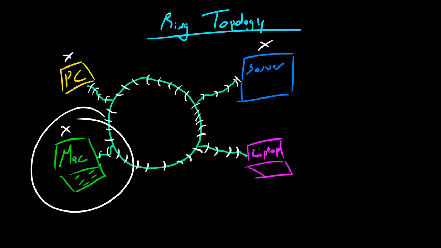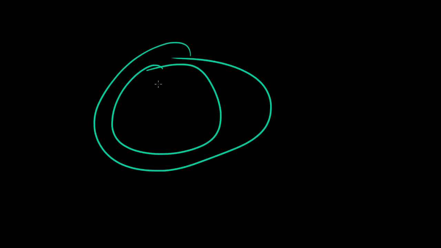Now, even though this is typically the way it works, the way they are actually built is, let me just draw this real quick. You actually have two rings. I can draw that a little better. One right here and another one right beside it. And say we have four devices, one here, one here, one here, and one here.